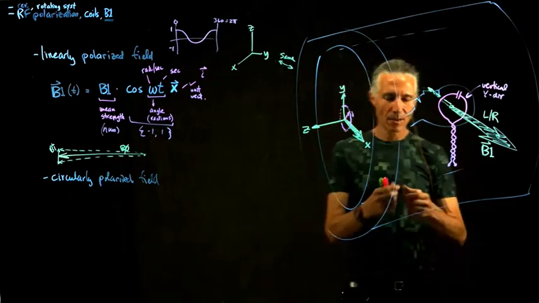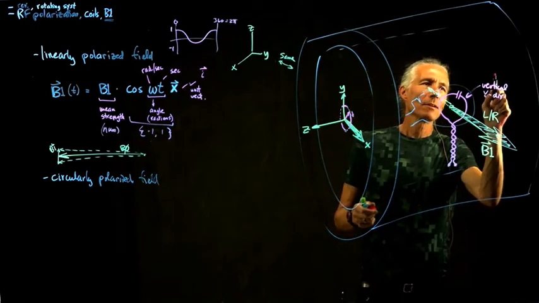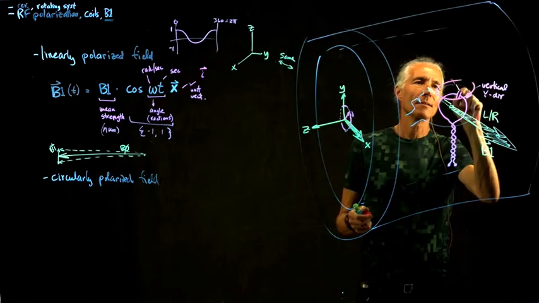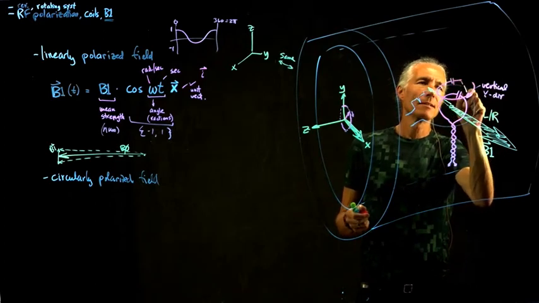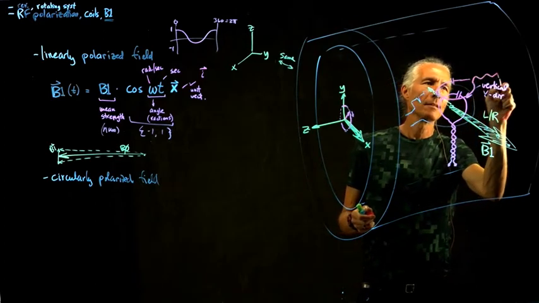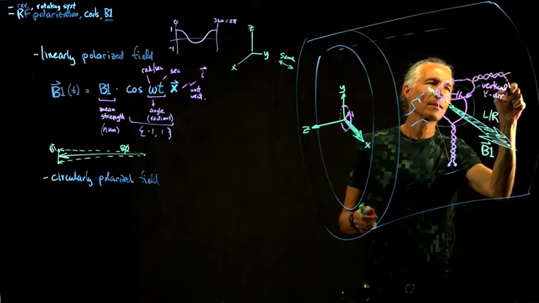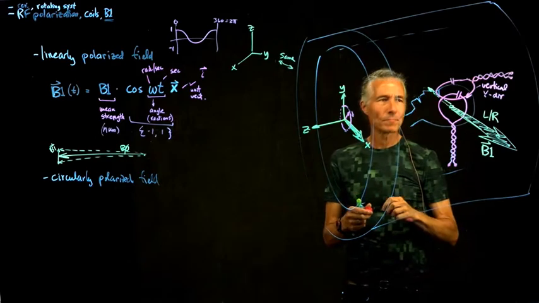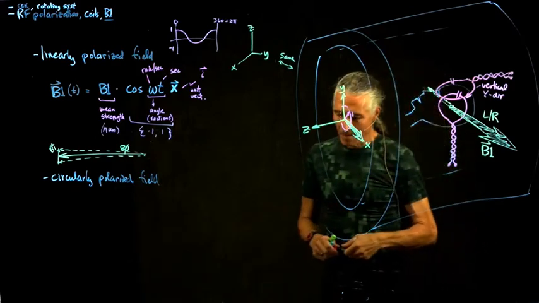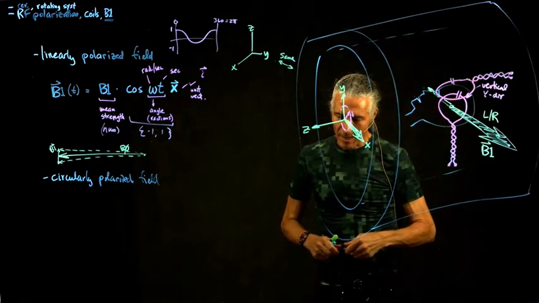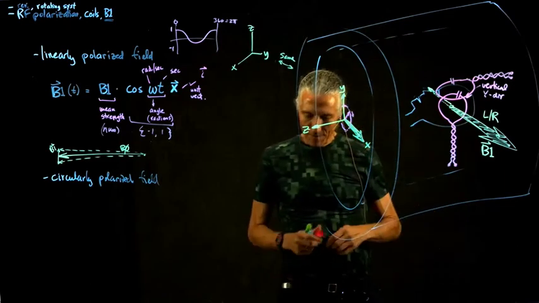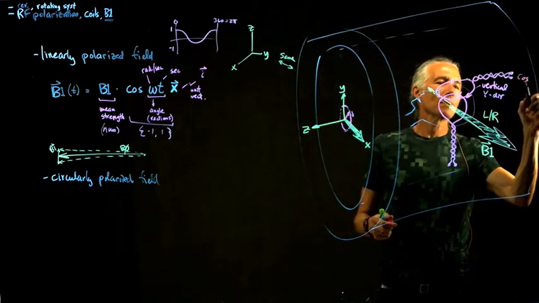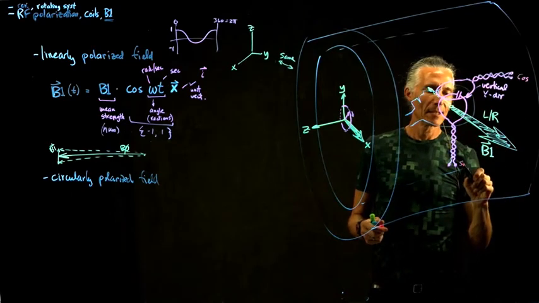So if we added a coil like this over the top of the head, put a capacitor in it, and there's a little twisted pair coming off, and say we put a cosine into this one, but a sine into this one.